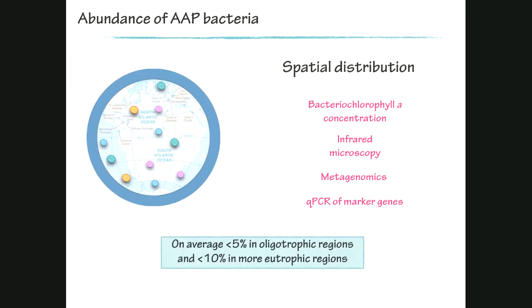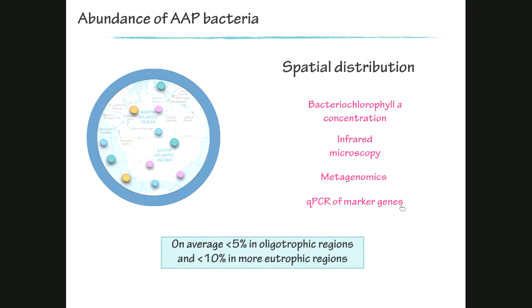So to summarize this abundance part, regardless of the method used to quantify them, it can be the concentration of the pigment, counting the cells through infrared microscopy, or estimating the percentage of cells by recovering their genes through metagenomics. We can also use a method known as quantitative PCR to quantify the marker genes for these organisms.